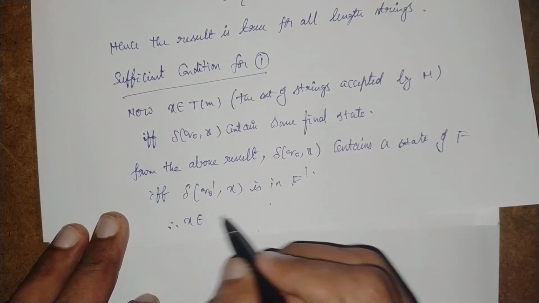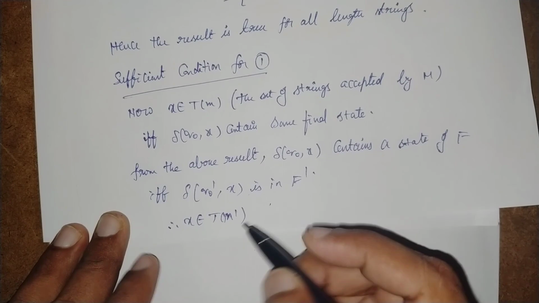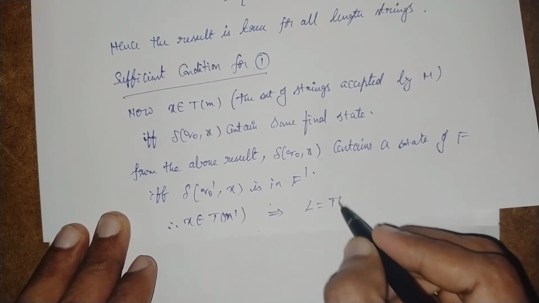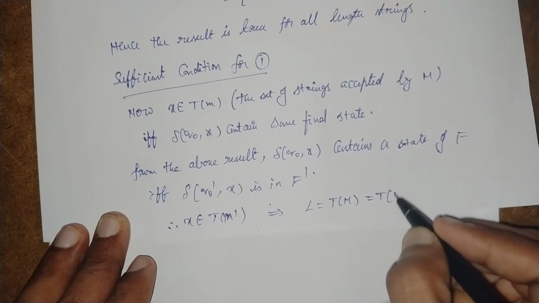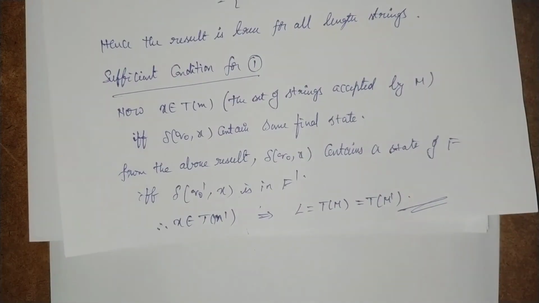Therefore x belongs to L of M dash. So therefore L is equal to L of M is equal to L of M dash.